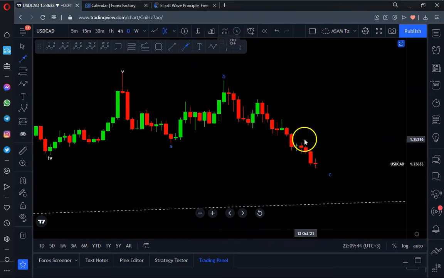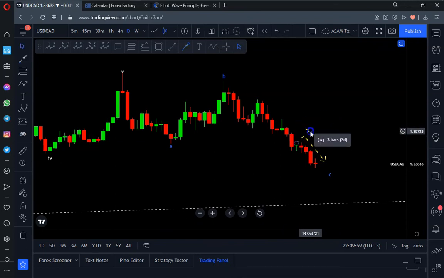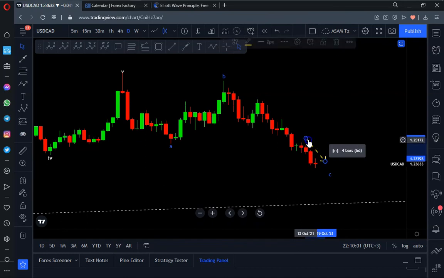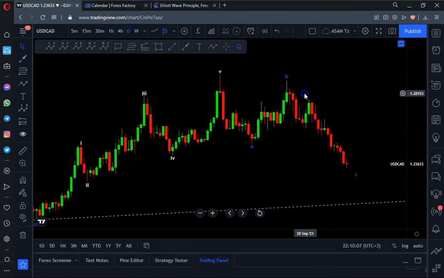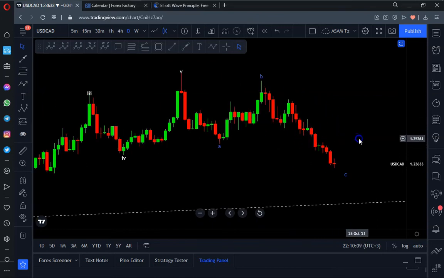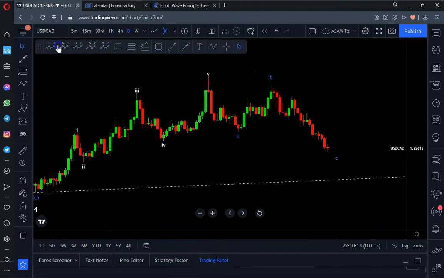This final move to the downside is no longer the 5th wave, because the correction around this area was not as deep as I was expecting. This downward move is no longer the 5th wave, but what we expect is that the 3rd wave is extended. There is an extension in the 3rd wave.